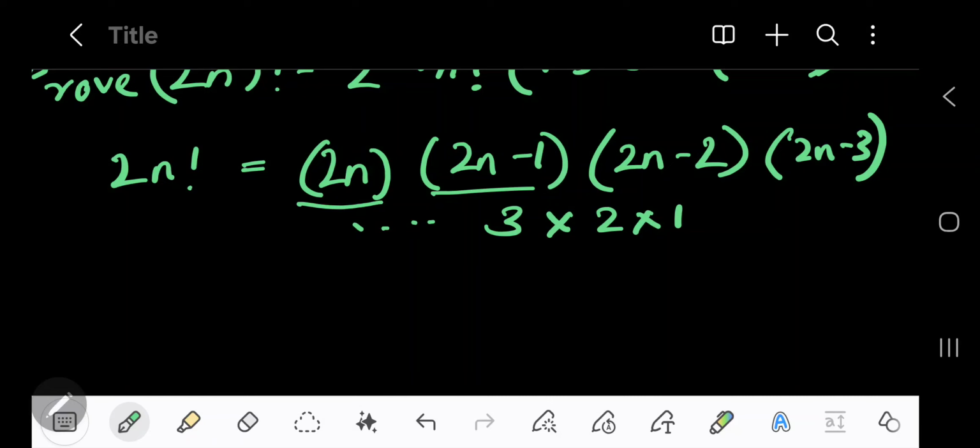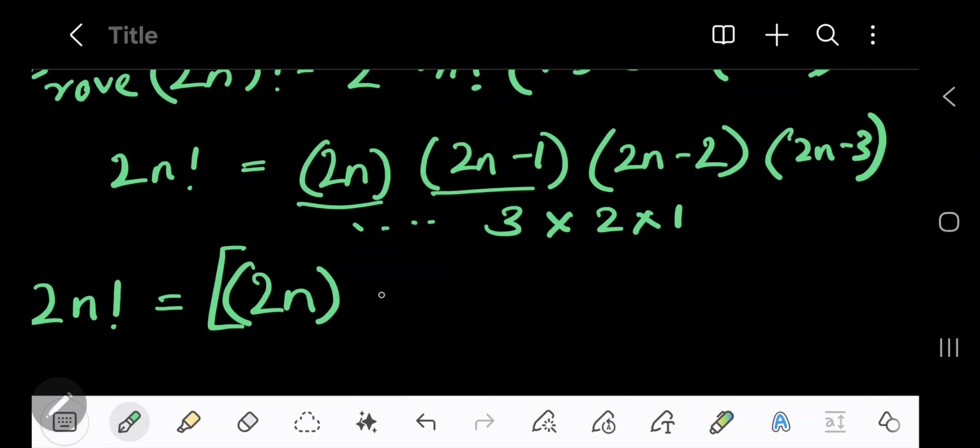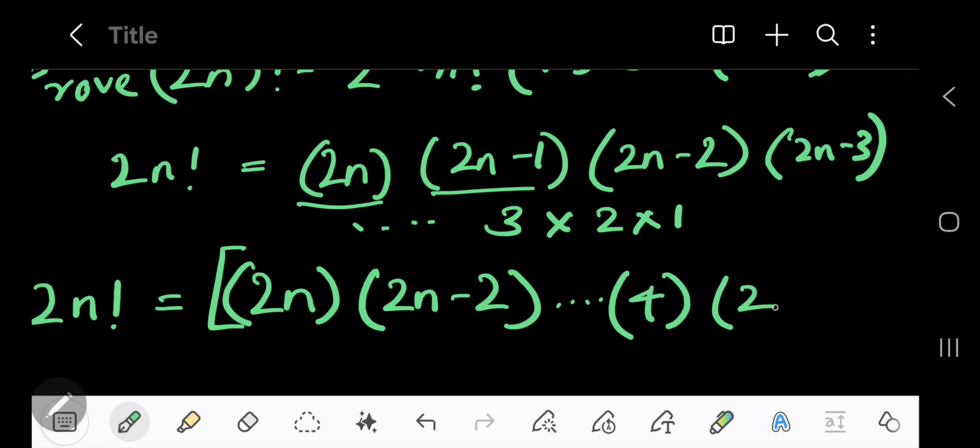Once we do that, we're going to get (2n)! is equal to 2n, which is even, times 2n minus 2, times some numbers, and then you're going to get 4 into 2.